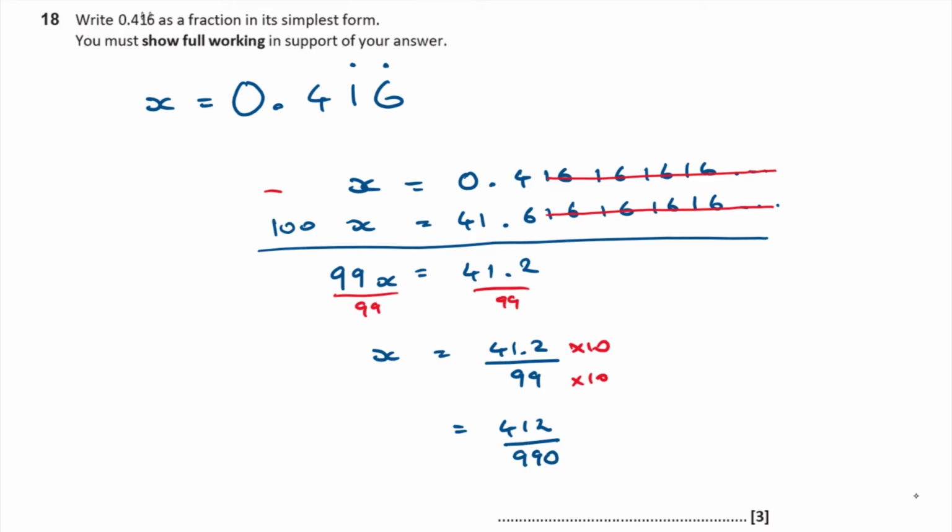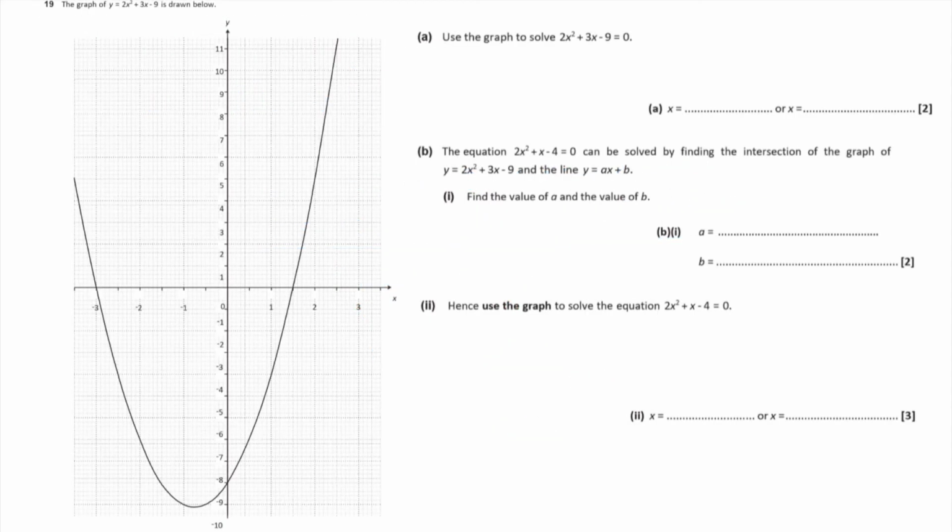412 over 990. Question 19. The graph of y equals 2x squared plus 3x minus 9 is drawn below. And you can see I've got a quadratic curve that matches up with that. It says use the graph to solve 2x squared plus 3x minus 9 is equal to 0. The equation I'm trying to solve is the same as my graph, isn't it?